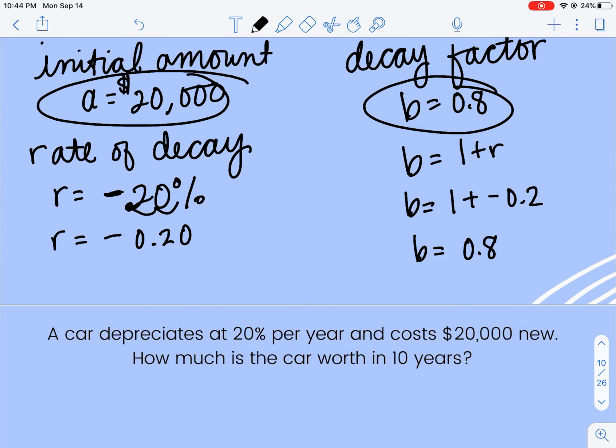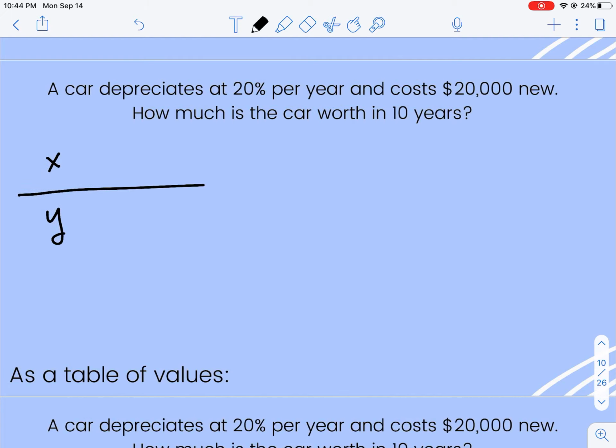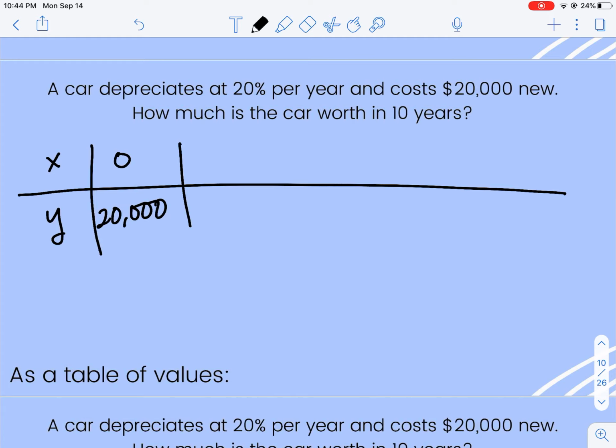Now, technically, we could do a table of values. So let's just see what happens when we do that. X, Y. And I'm going to do a long table because I have a long slide. So at year 0, I buy the car new. I drive it off the lot. It's worth $20,000.